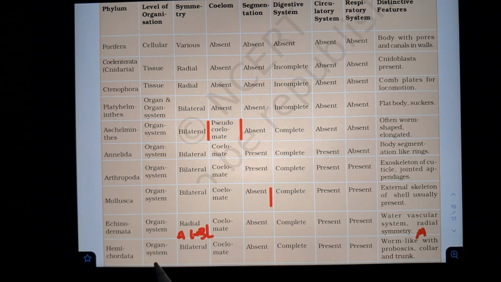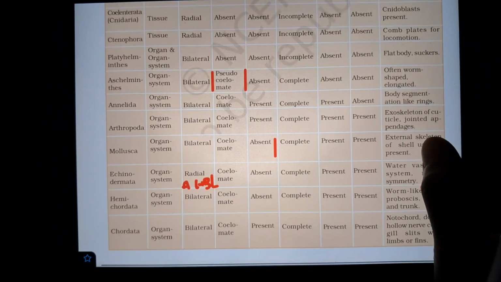Hemichordata: organ system level of organization, bilateral symmetry, coelomate organism, no segmentation, complete digestive system present. Circulatory and respiratory systems are present. Worm-like proboscis, collar and trunk are the distinguishing features of Hemichordata.